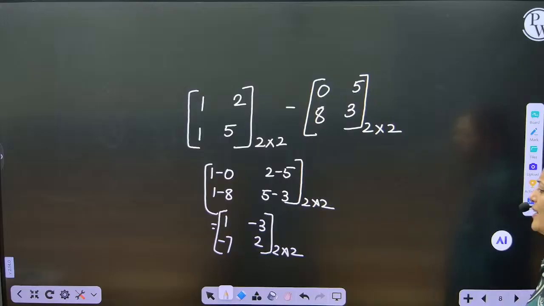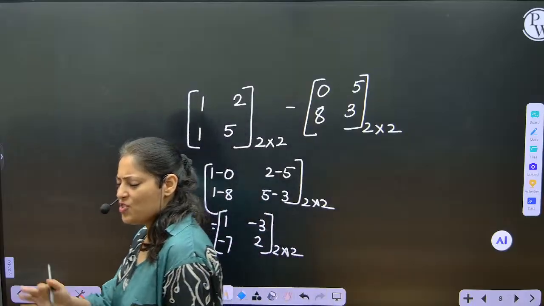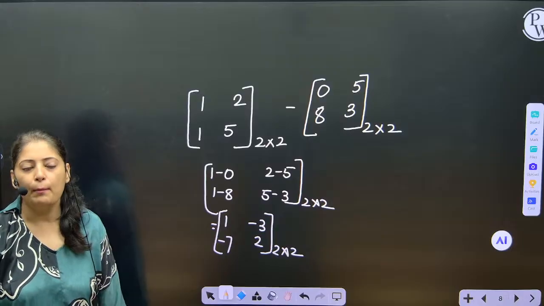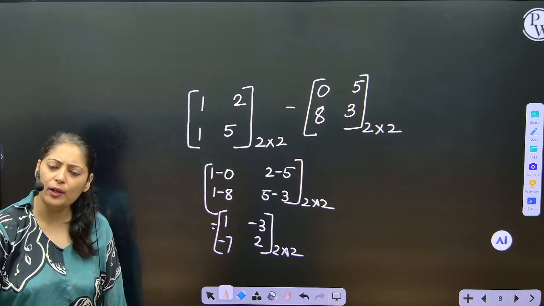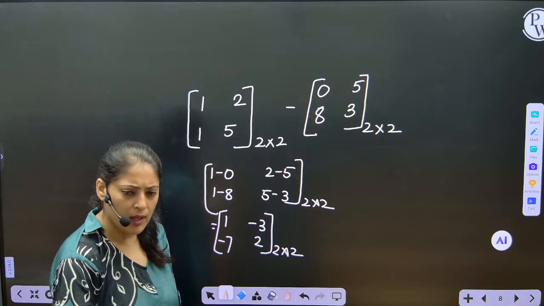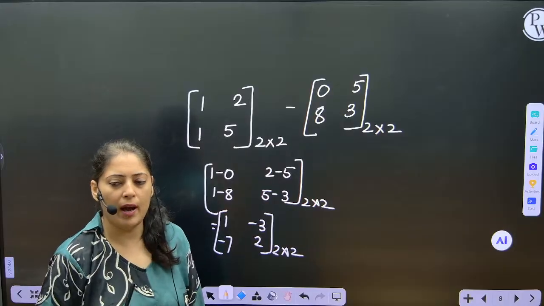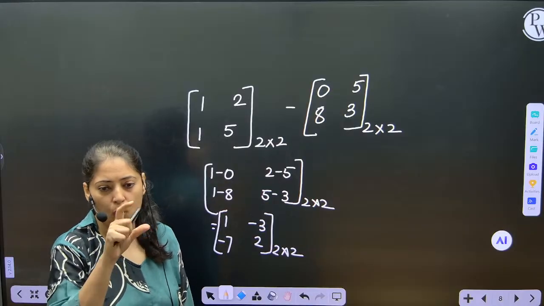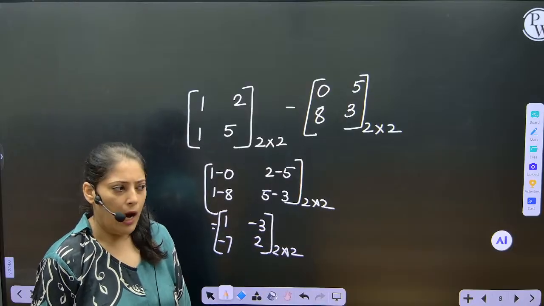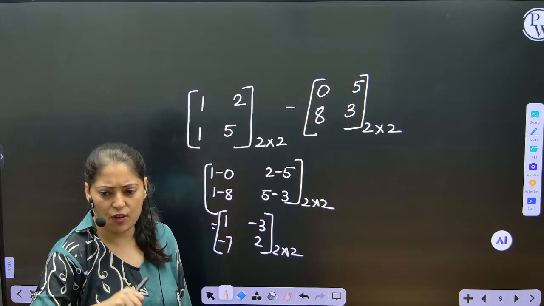See, directly a question like subtract two matrices will not come in JEE Mains. Everyone will crack that, of course. But if you do not do the basic thing, how will you do the big question? Of course, a JEE Main question means a few steps you have to perform and a few concepts you have to apply. So this is just a concept. Either this concept can be applicable or some other concept, suppose trace of a matrix.